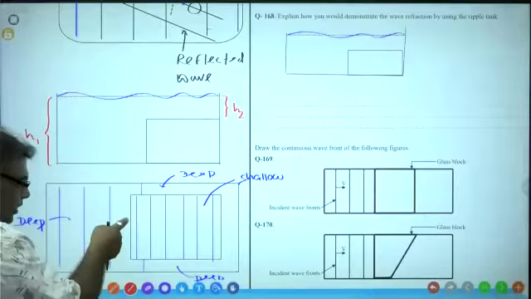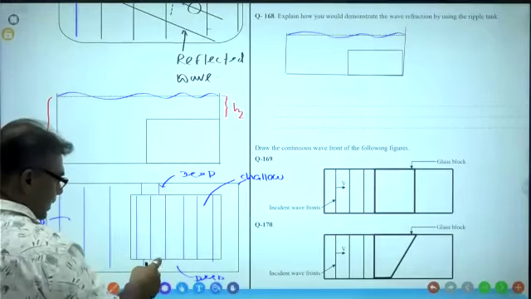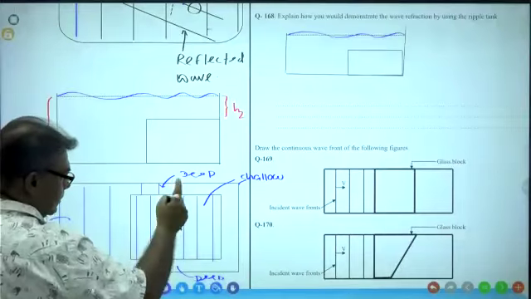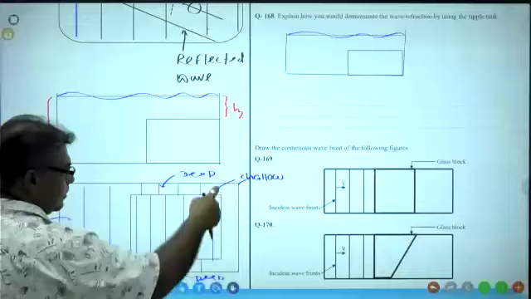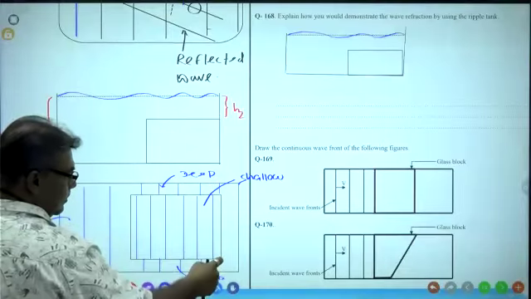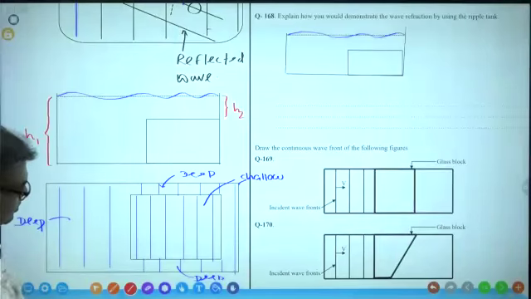Right, the corresponding line of this one lies right here, like this. Okay, clear. That's the variation of wavelength.